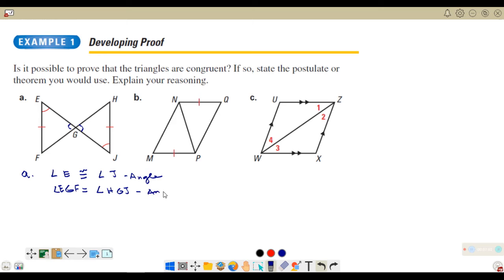So, this is another angle. How did they become congruent? These are vertical angles.